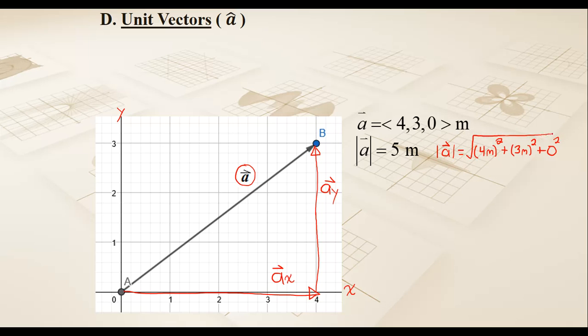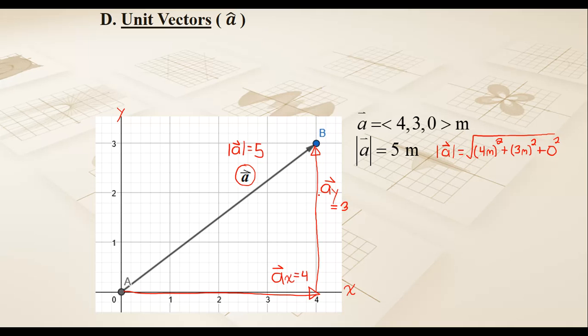This result shouldn't surprise you because this is actually a special triangle. So if AY here is 3 and AX is 4, this is a 3, 4, 5 triangle. So the magnitude of this vector A would be equal to 5.